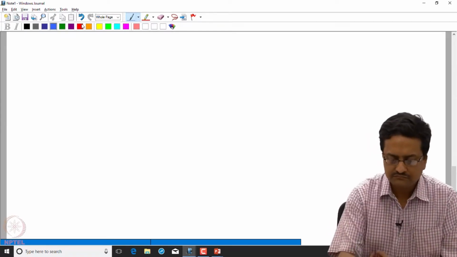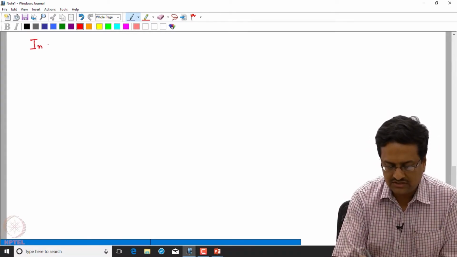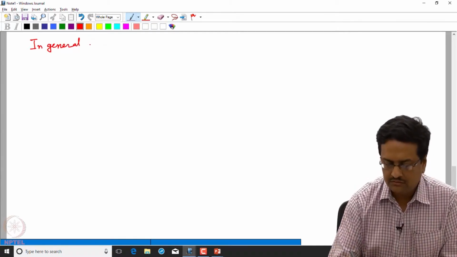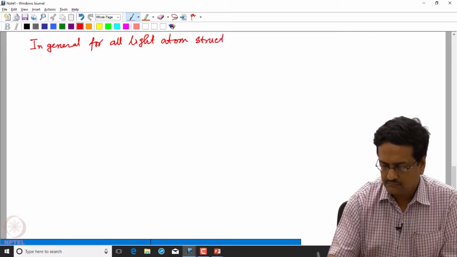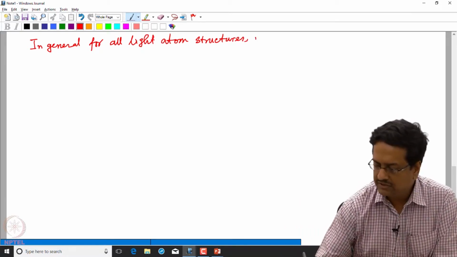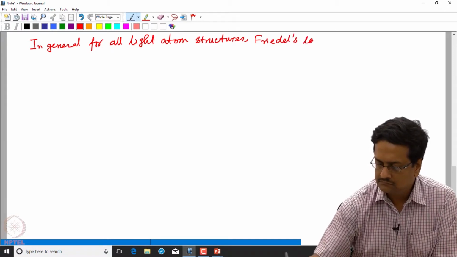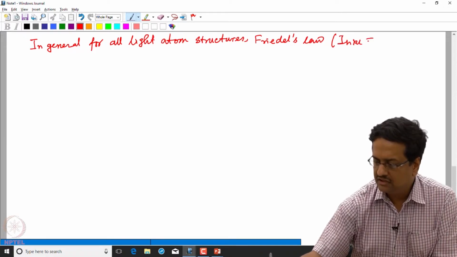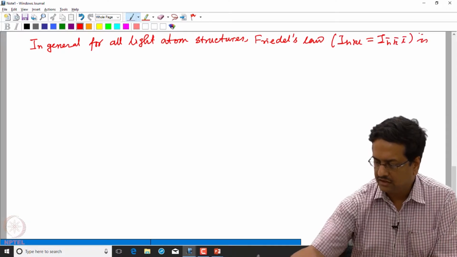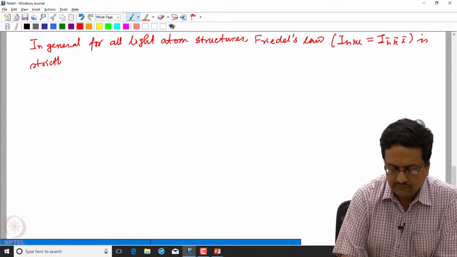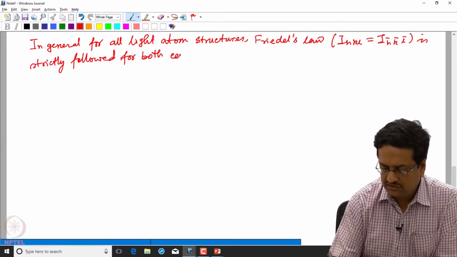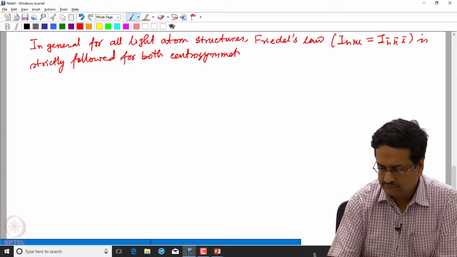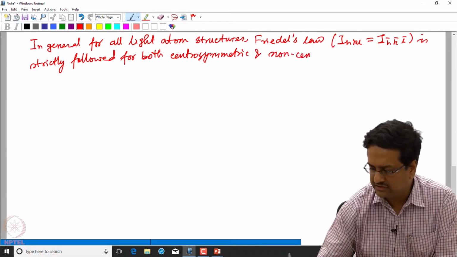So what we know is that in general, for all the light atom structures, Friedel's law, that is I H K L is equal to I H bar K bar L bar, is strictly followed for both centrosymmetric and non-centrosymmetric structures.